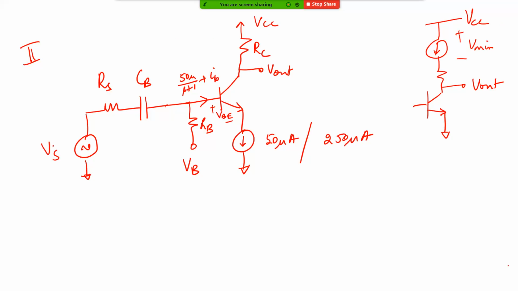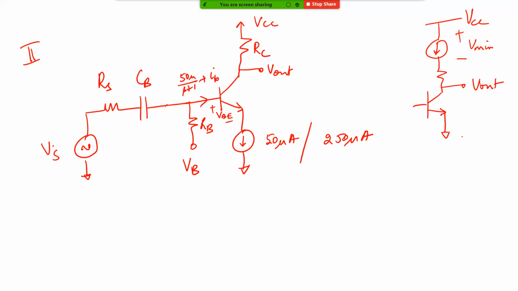At that time you will see that a real current source will have some shunt impedance, and also it will need some minimum voltage across it. Nothing is ideal in the world, so that will eat into your headroom if you put it here. But there's nothing which prevents you from doing it.